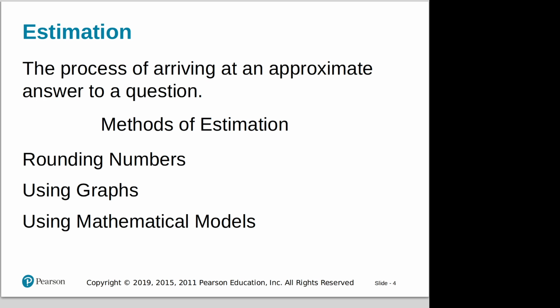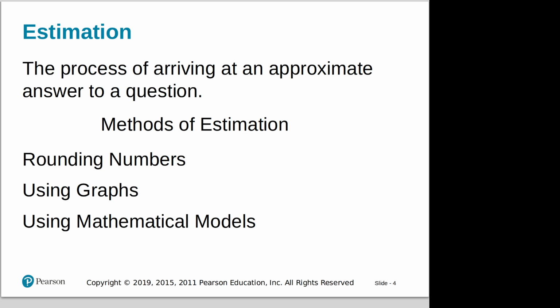Now, estimation is a technique, I would say, in where I have my degree in physics, we use estimation a lot to get ballpark answers or to get an idea of where the answer may be.